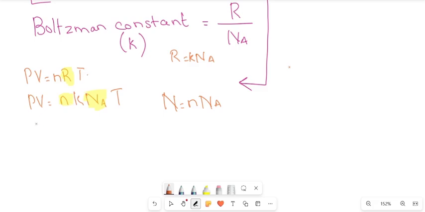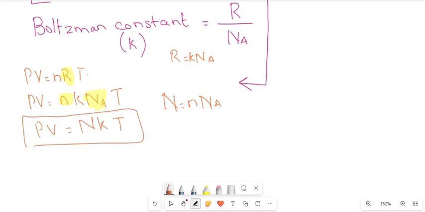So I can replace this and have PV equals NkT, and this is another formula that you can learn. You know PV equals nRT, and we know the Boltzmann constant. You just write another formula by replacing things and substituting.